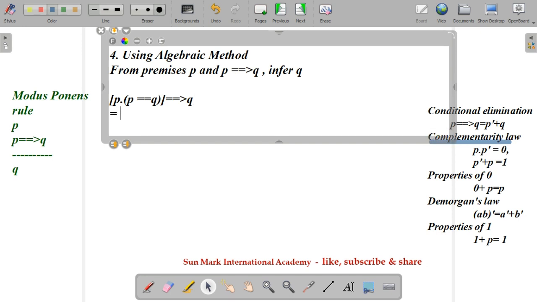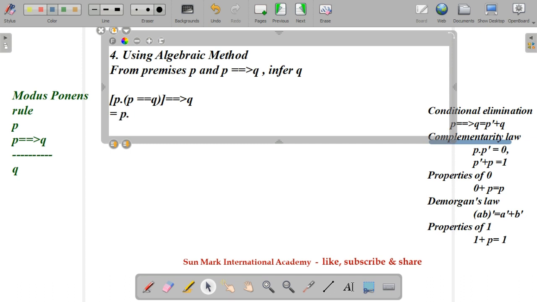Next we need to substitute the Boolean laws. For this method we need to learn the Boolean laws. In the previous video I explained and discussed the Boolean laws, so please learn them thoroughly.